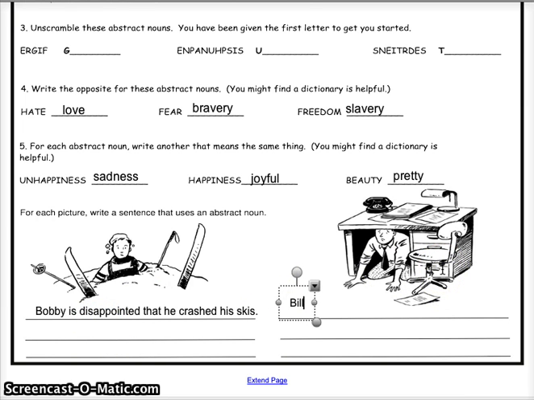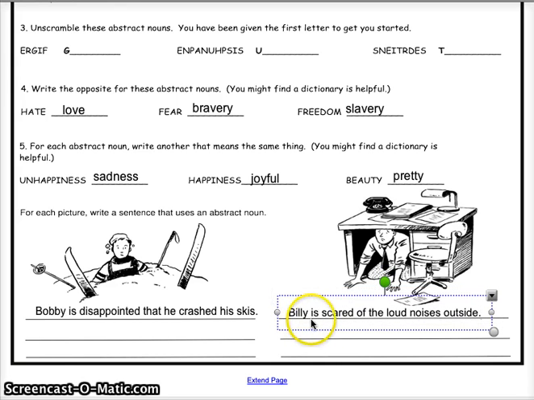Billy is scared of the loud noises outside. There we go. Scared is our abstract noun. Notice there's a linking verb right there, so we know our verb's taken care of. So we know scared is going to be our abstract noun, something that is emotional. We can feel inside of us.